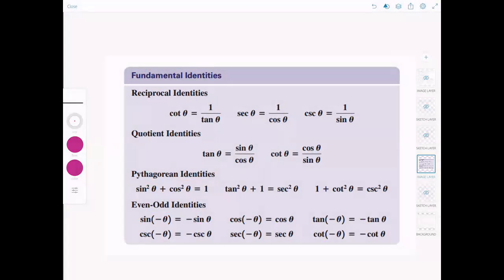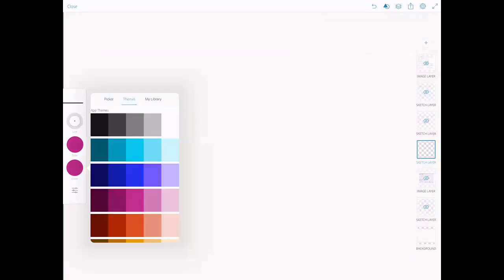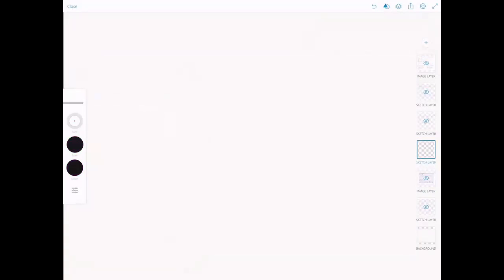Now, followed by this information, let's have one example, or one type of question. The question is, if tangent of theta equals -5/3.